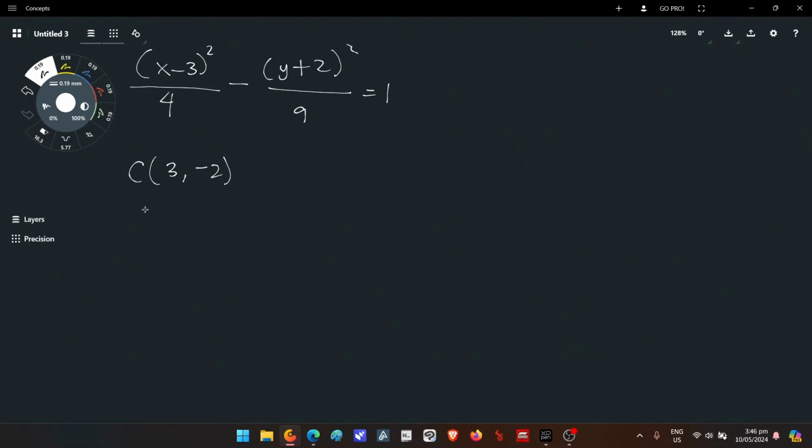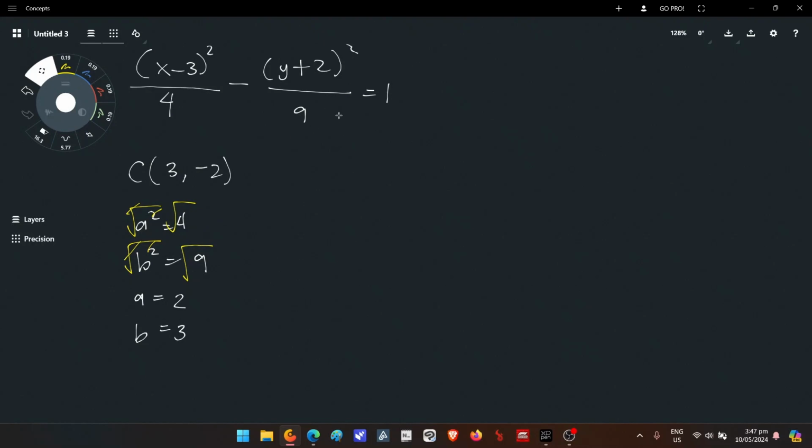So with our center, let's find a. a squared is 4 because it's positive, and b squared is 9. Remember, a squared is always on the positive side. Then square root both sides to cancel, and a is equal to 2, and b is equal to 3.